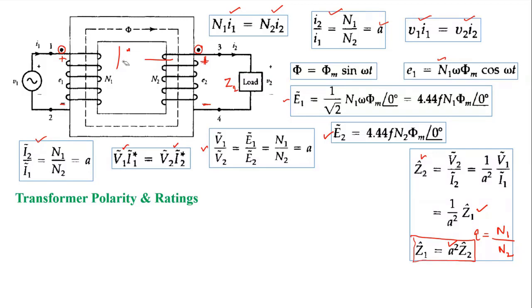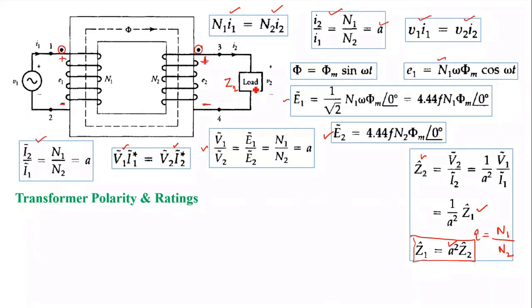Now the question is how the voltage will be induced in the secondary side so that the flux produced in this coil will oppose the flux produced by the primary coil. Under no load condition, we know there will be no flux produced by the secondary winding because there will be no current in the secondary winding, right?